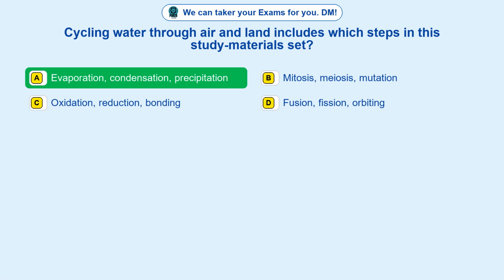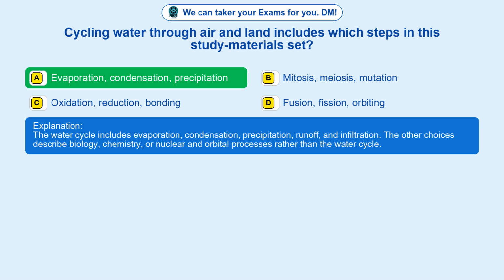The correct answer is option A. Evaporation, condensation, precipitation. The water cycle includes evaporation, condensation, precipitation, runoff, and infiltration. The other choices describe biology, chemistry, or nuclear and orbital processes rather than the water cycle.